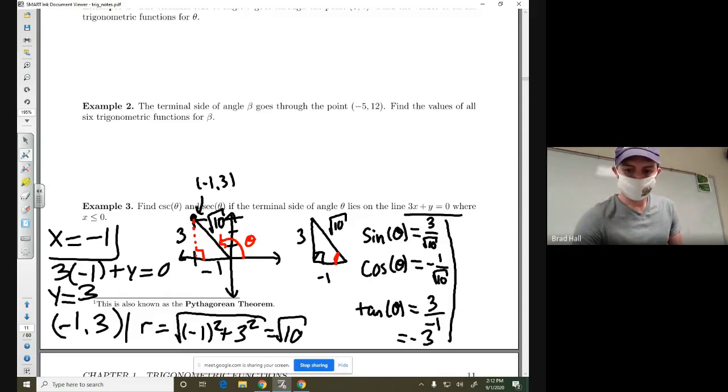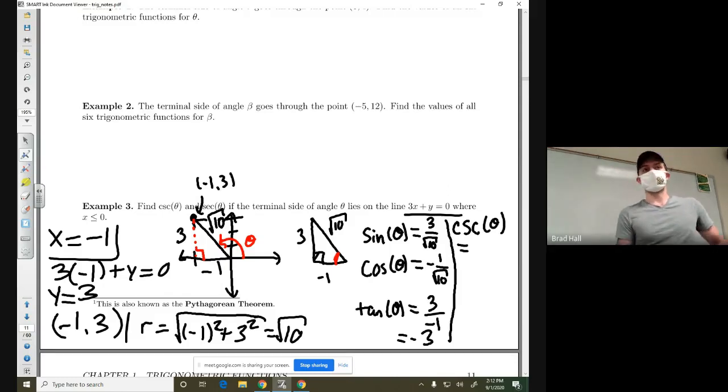Anyways, so those are the first 3, but we still have 3 others. We have cosecant of theta. Cosecant of theta, the reason why I write it straight across from sine is because they are reciprocal identities of one another. Cosecant is just take the value of sine and flip it. That's it, just flip it. Sine's 3 over the square root of 10, now it's square root of 10 over 3. Just like that.